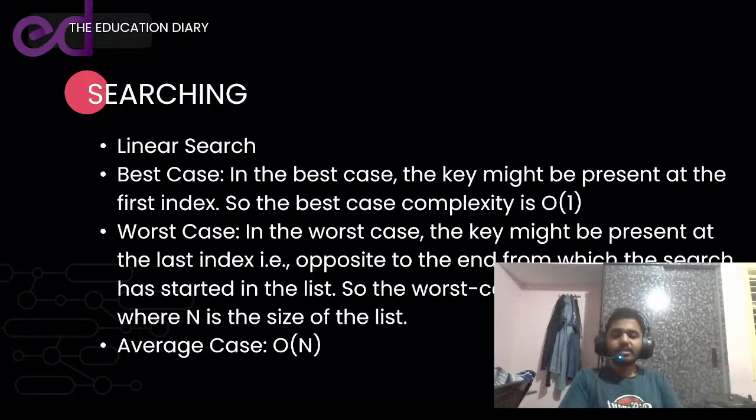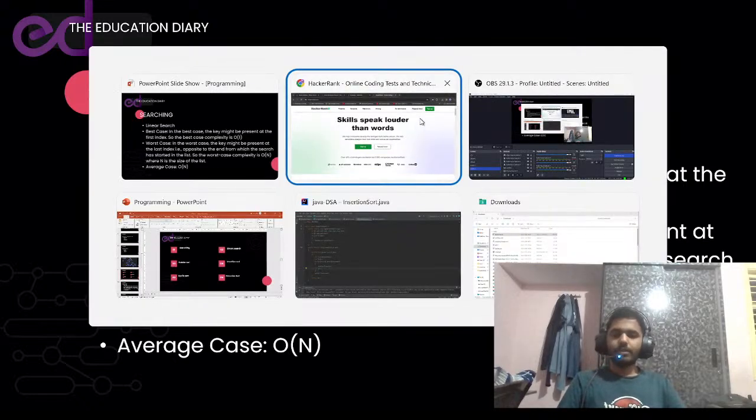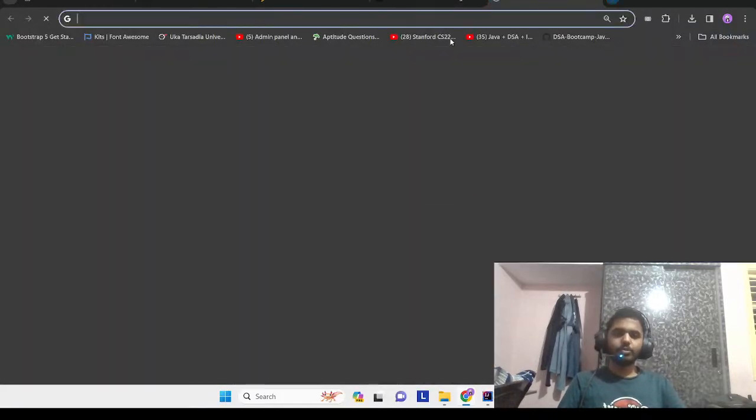Then the worst case is big O of n. Let's say you have n elements in your array and you get your element at the last of the array. That will be the worst case possible. So let me show you how linear search is going to work.